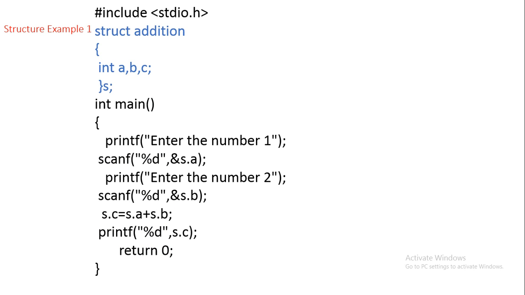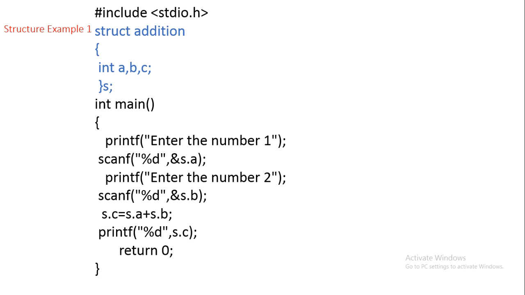See this example. We know the stdio.h header file is there. And in the syntax of the structure, struct is the keyword and addition is the structure name. Open braces. Here we are declaring the variables a, b and c.